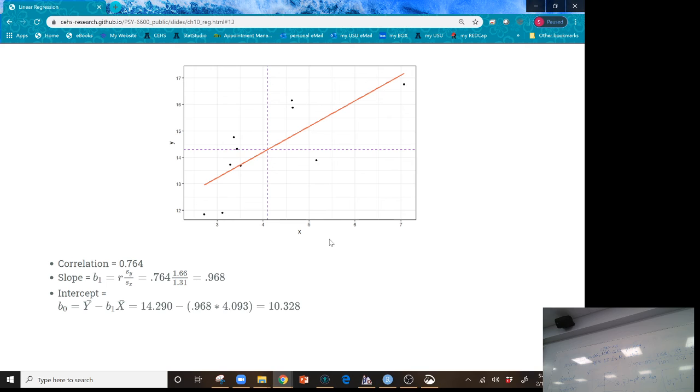To find the intercept, that b0, what do you do? You take the average of your y values and subtract the slope, that we calculated right there, times the average of your x values. So these 2 formulas, slope and y-intercept, are how you could do regression by hand.